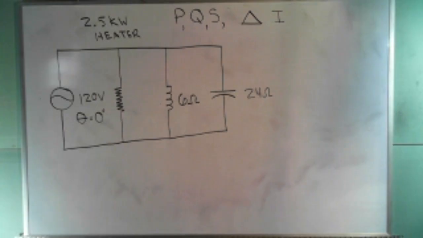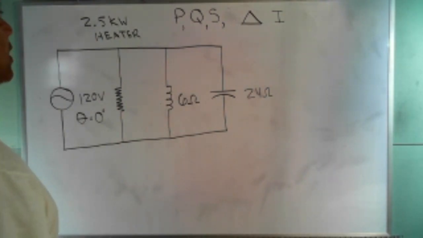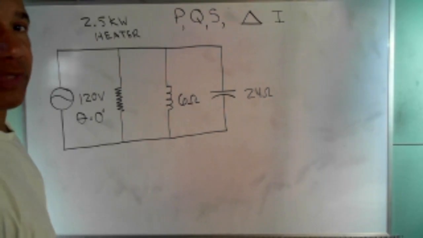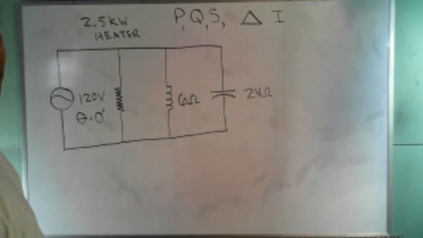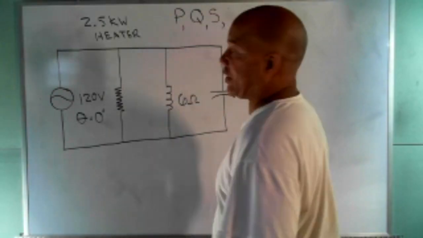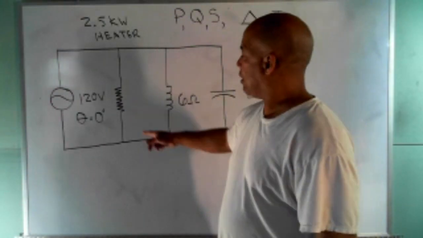All right, so let's go through the calculations for this. They want us to find the resistive power, reactive power, and then the total power, which is the total apparent power. There's only one element here that dissipates power: the heater.